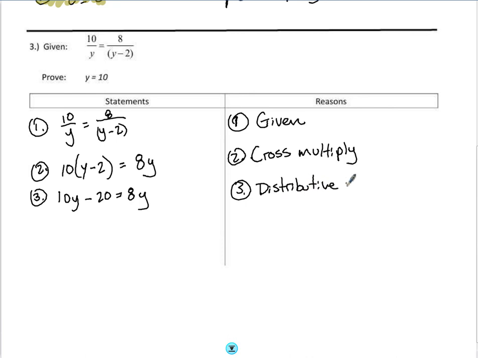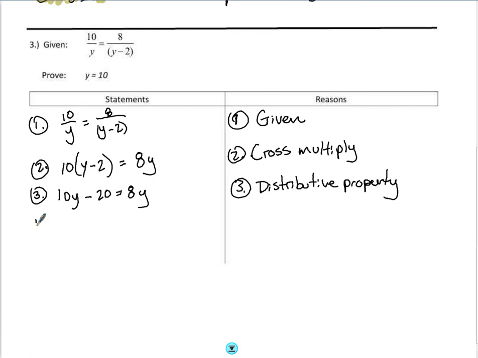And then step 4, let's use our addition property, and let's combine like terms on both sides. First thing I'd probably do, since there's a negative 20 here, is add 20 to both sides.